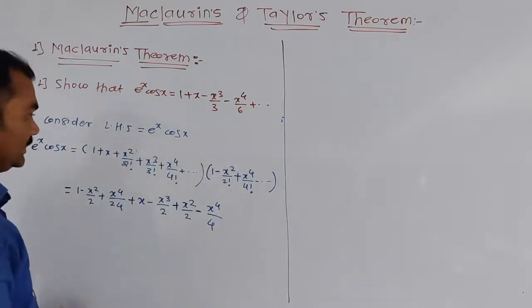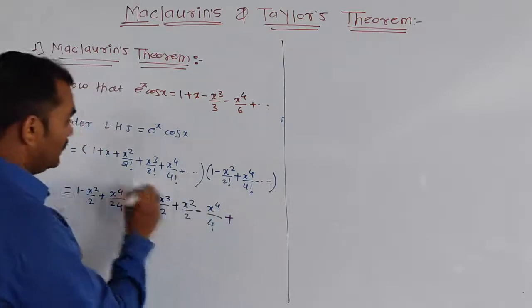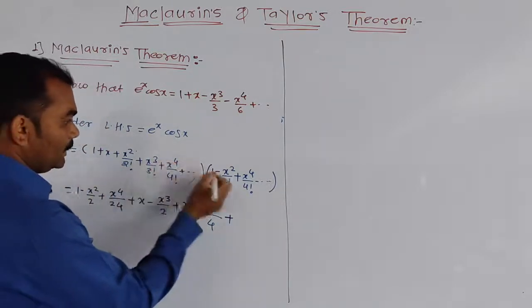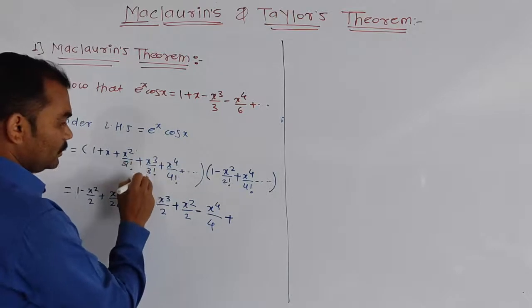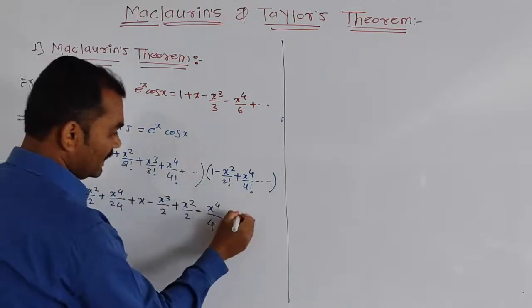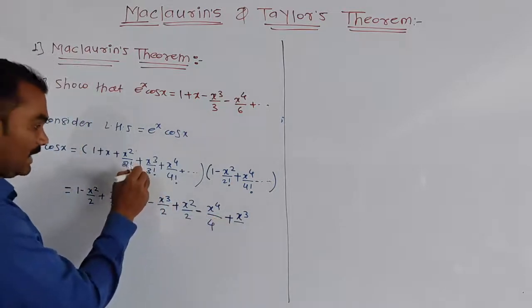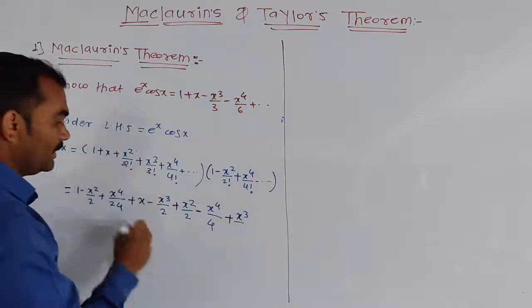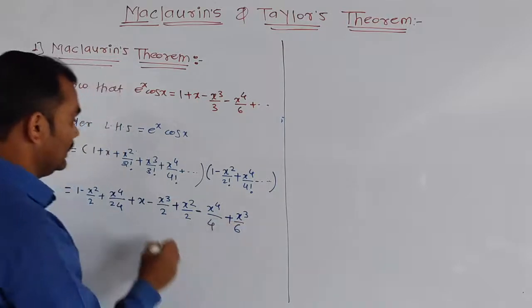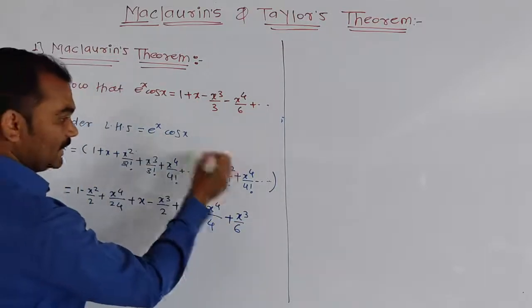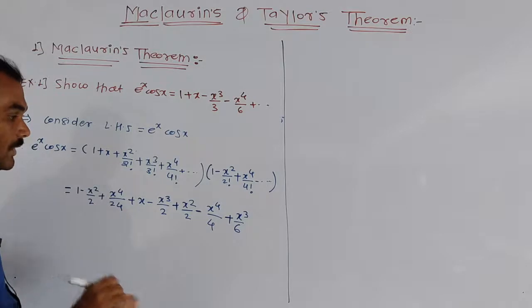Then next, x square into x raised to 4 is x raised to 6, no need to write. Plus multiply this x cube divided by 3 factorial to this. First x cube into 1 gives x cube divided by 3 factorial, and the value of 3 factorial is 6. Correct. Then x cube into x square is x raised to 5, no need to write.